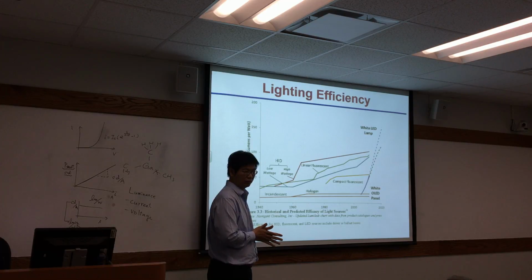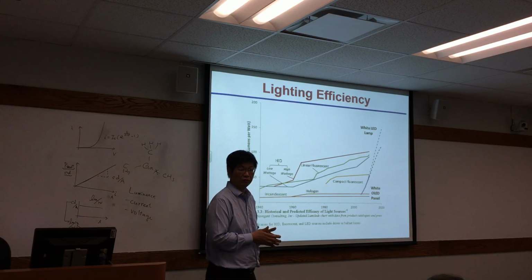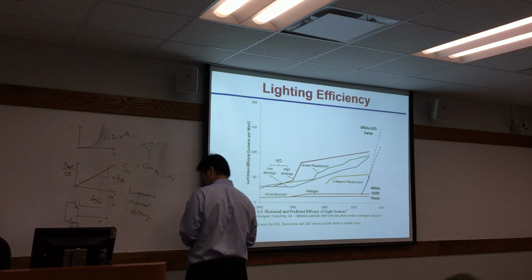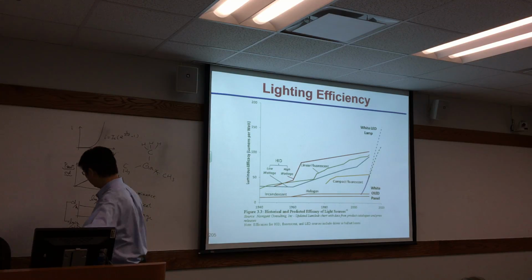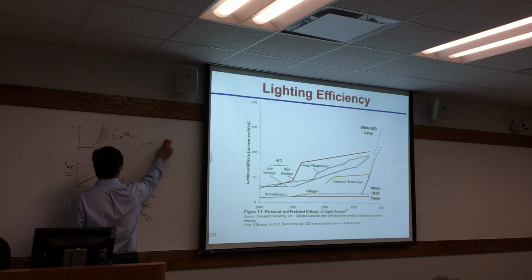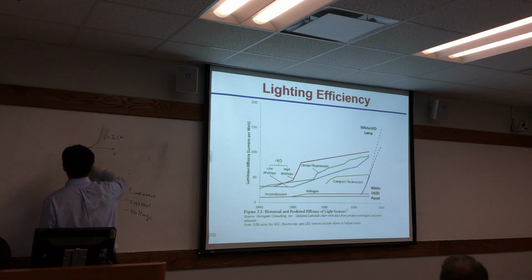OLED has tremendous advantages in terms of extended light source. It can have any form, and a thin profile. But it has to come out as soon as possible, otherwise LED will dominate the whole market.